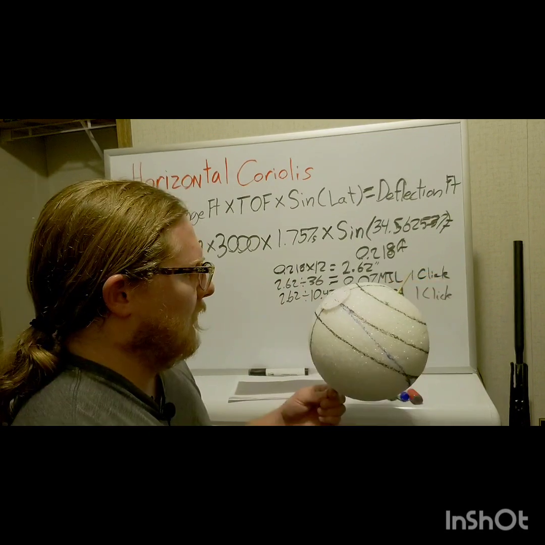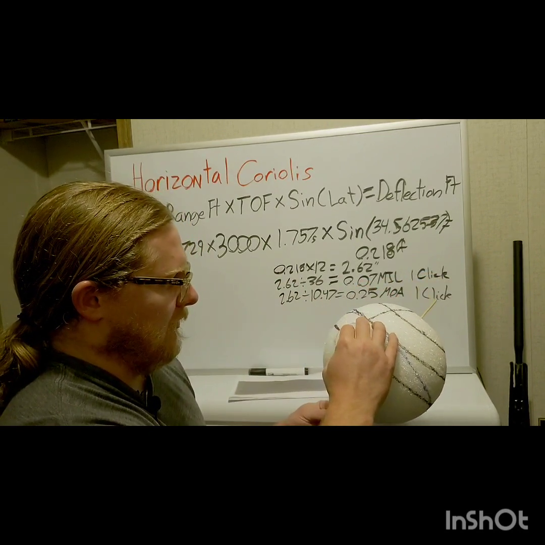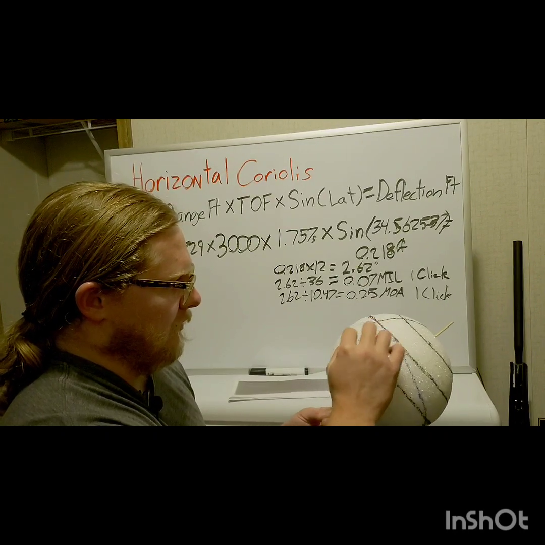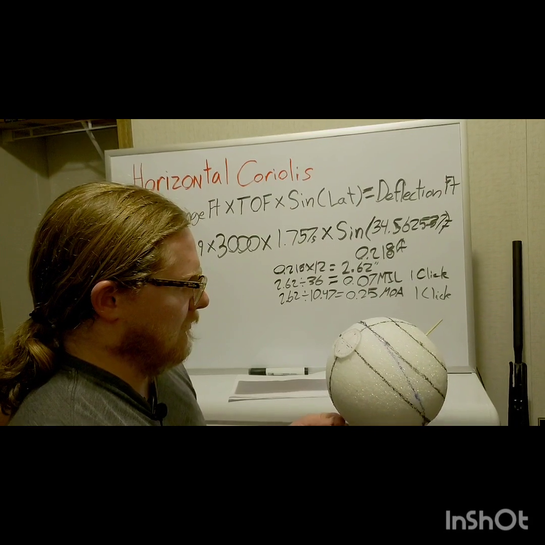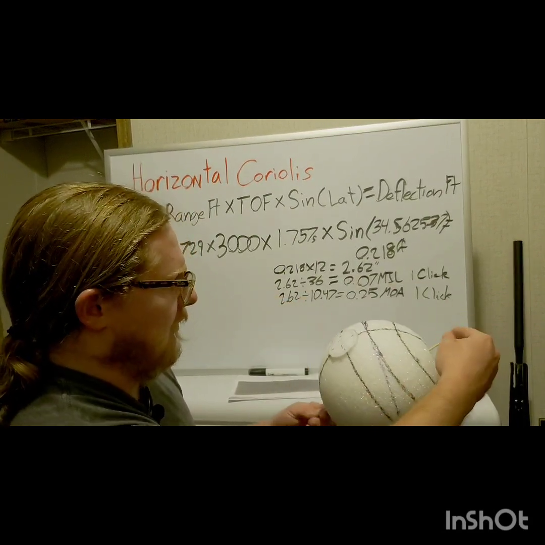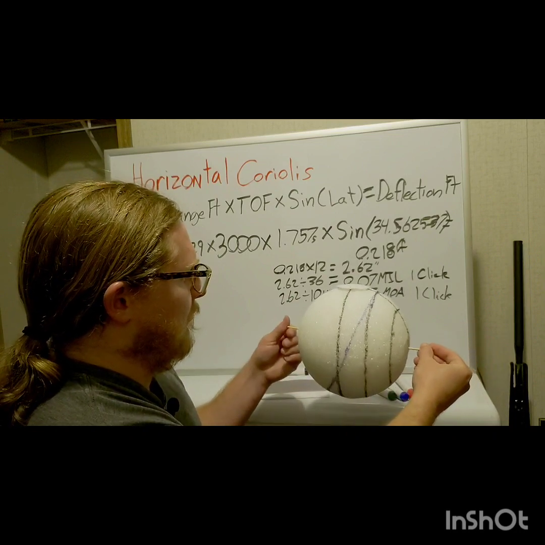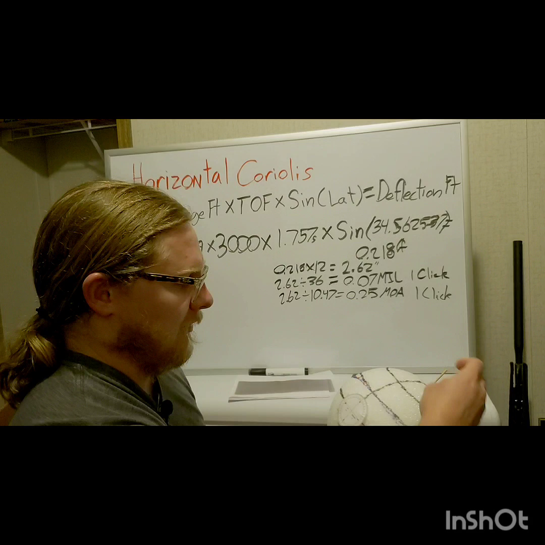Okay? So if we take our compass and we're sitting exactly on the equator and we're pointing north, south, east, and west, and we decide that we want to go exactly west, or we're going to shoot a gun west, right? If we do that, it's going to follow the equator all the way around, right?